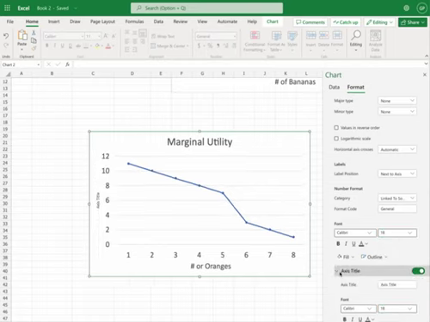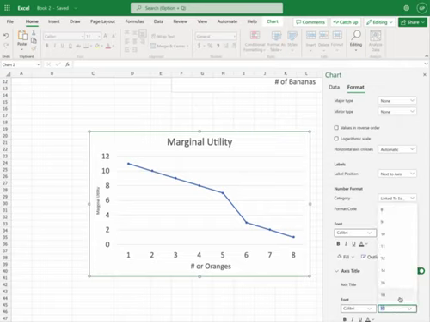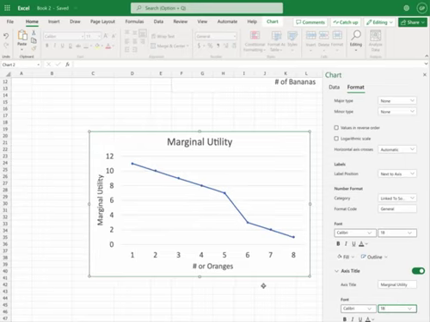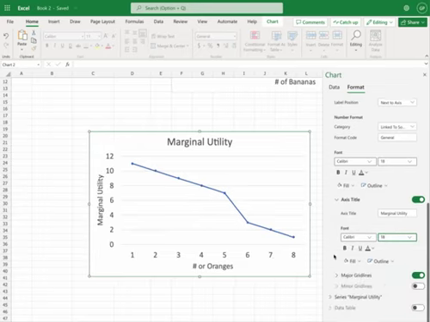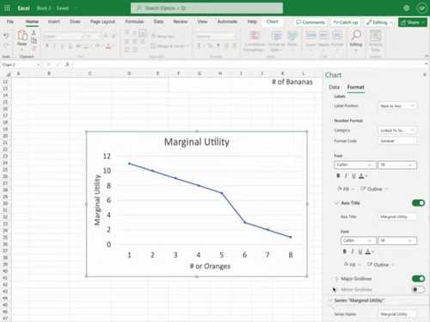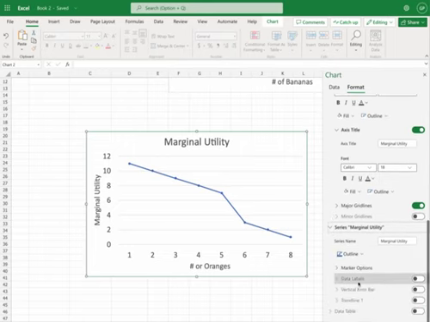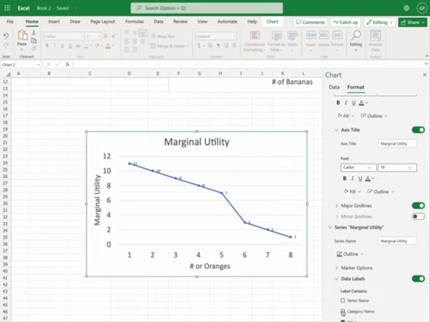Axis title, marginal utility, and make that 18. And then we go down to the series marginal utility. I want data labels and include the category name.